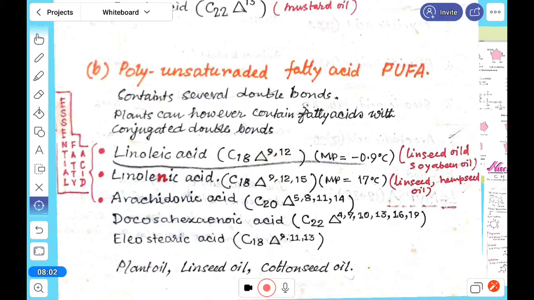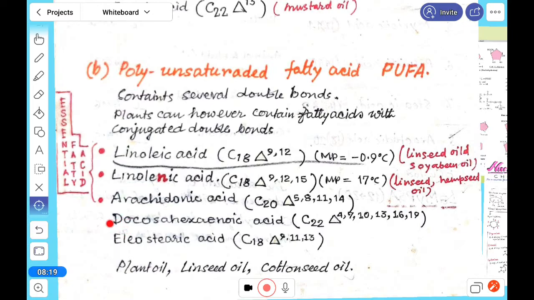It means that several double bonds are there in the poly. Then linolenic acid has 3 double bonds, after the 9th carbon, the 12th carbon, and the 15th carbon.